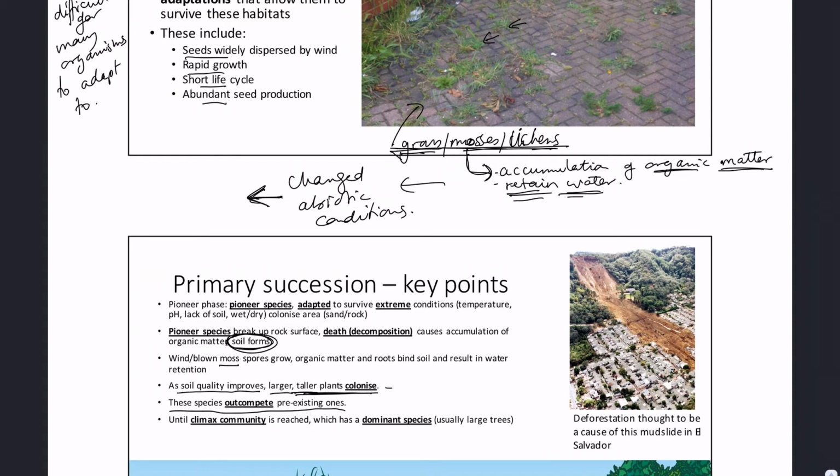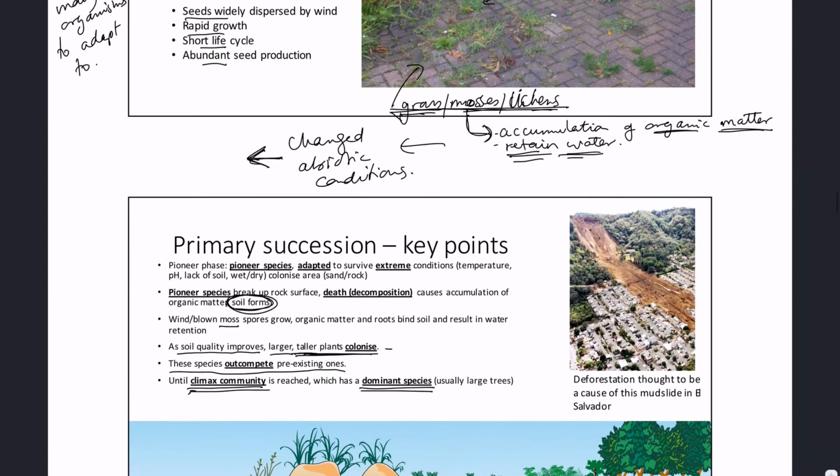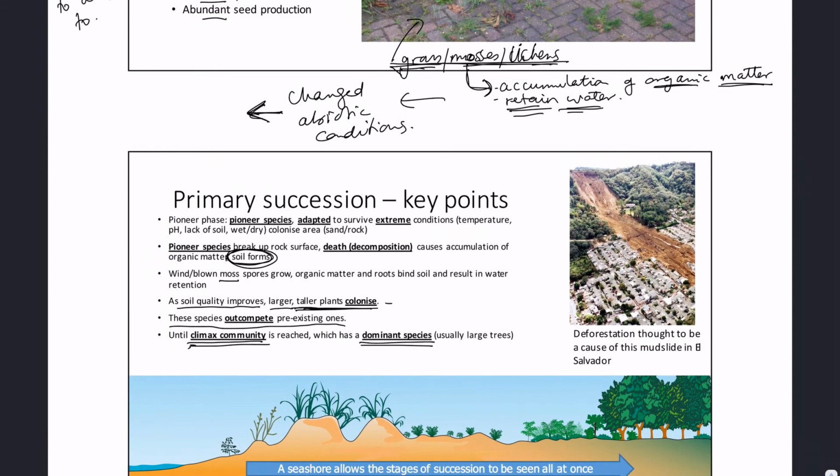And this process continues until you reach a stage called the Climax Community, where you've got tall trees that are the dominant species, and no other species can come in at this point to outcompete that population. So at this point, the process of succession effectively stops. And this is called the Climax Community.